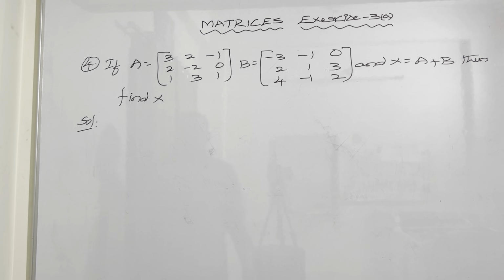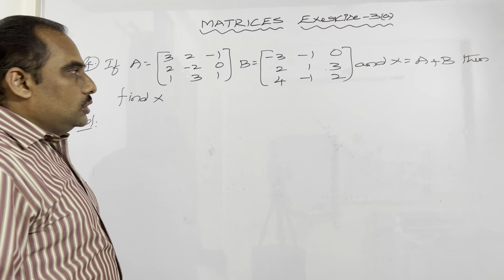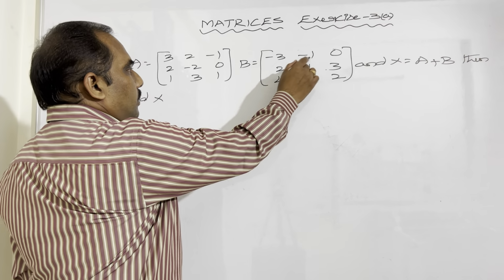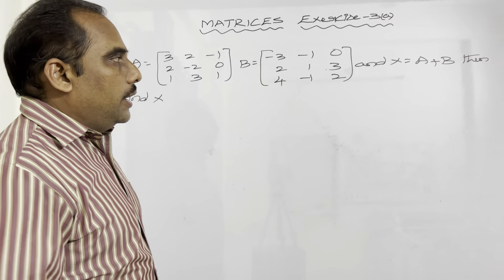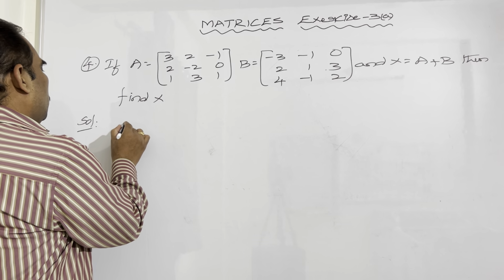The next question is, if A is equal to 3, 2, minus 1, 2, minus 2, 0, 1, 3, 1, B is equal to minus 3, minus 1, 0, 2, 1, 3, 4, minus 1, 2, and X is equal to A plus B, then find X. So how to find here?